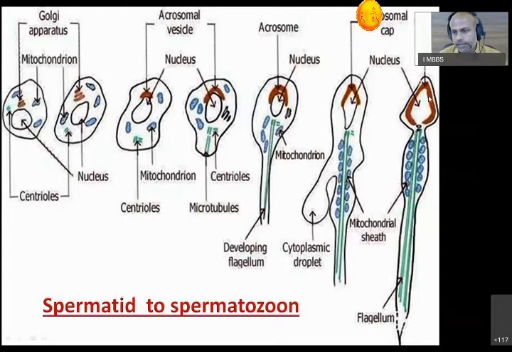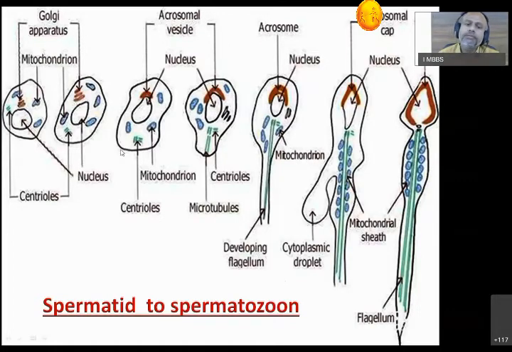It will contain 99% of your DNA, the genetic material, the genetic information, surrounded by this acrosomal cap. This is the plasma membrane. The cytoplasm is lost. Here you can see the mitochondria arranged surrounding the microtubules; they form the tail of the sperm.